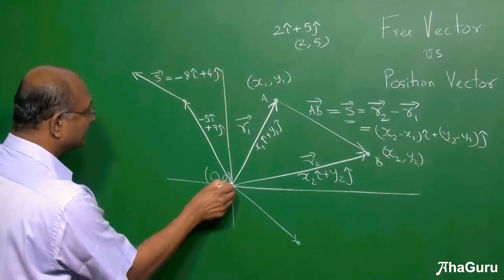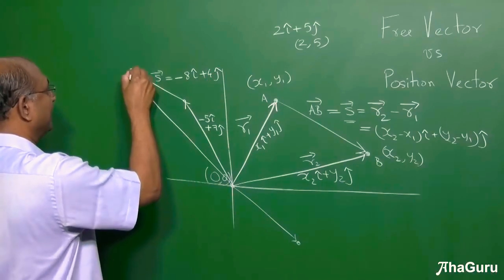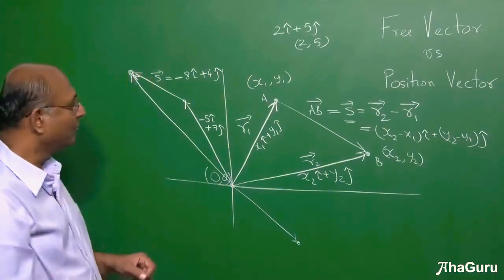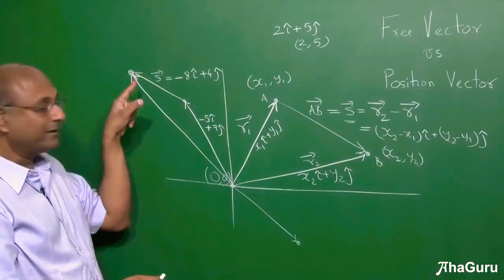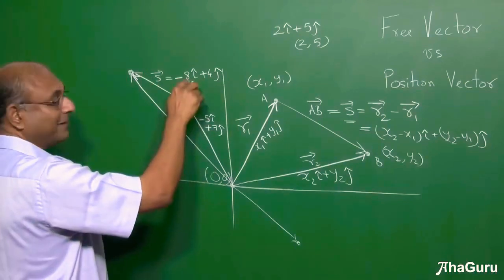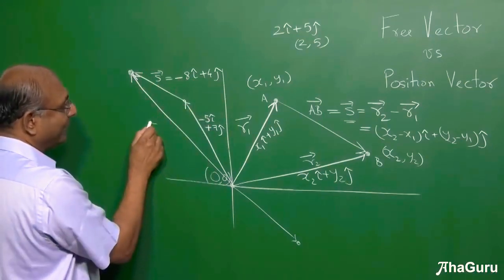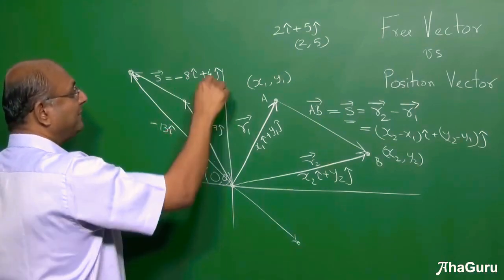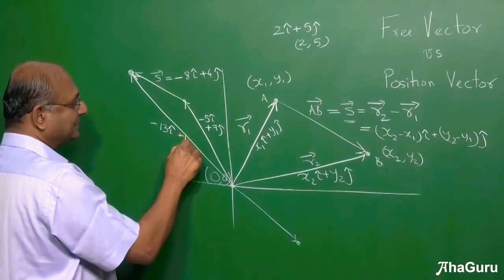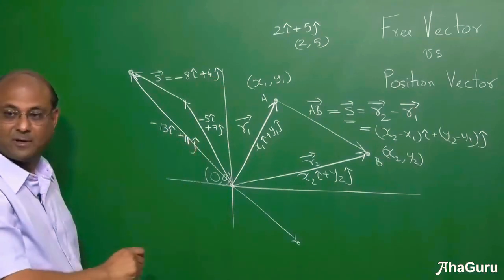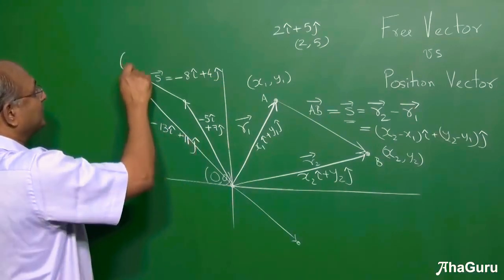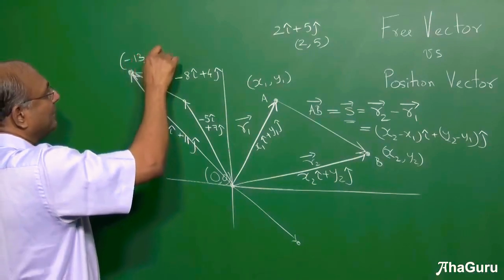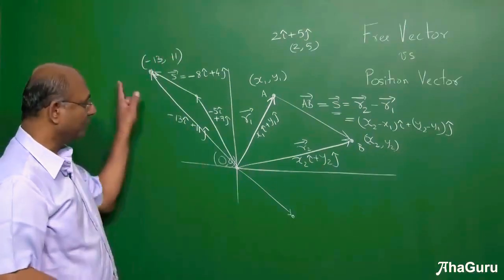Right? What is my final position? Well, this vector plus that vector you can add. How much is that? Minus 5 minus 8. So what is this arrow? Minus 13 i cap, 7 plus 4, so plus 11 j cap. That means this coordinate must be minus 13 comma 11. I hope that is clear.